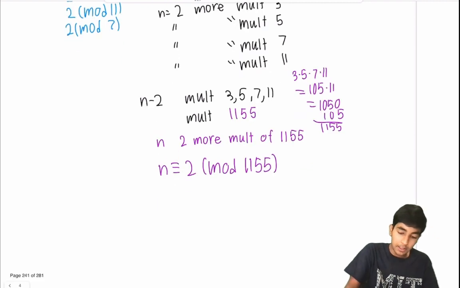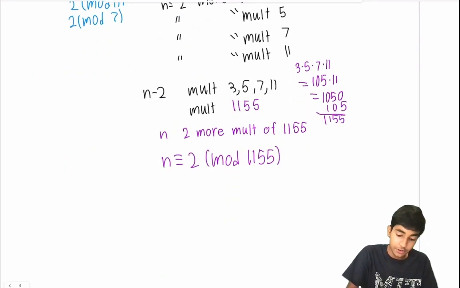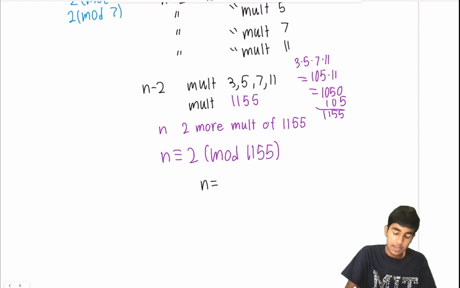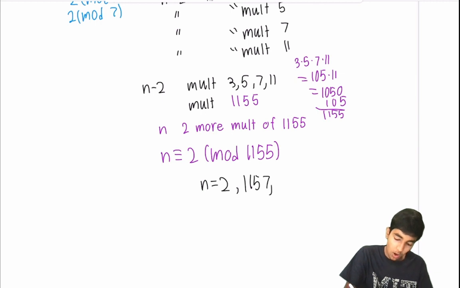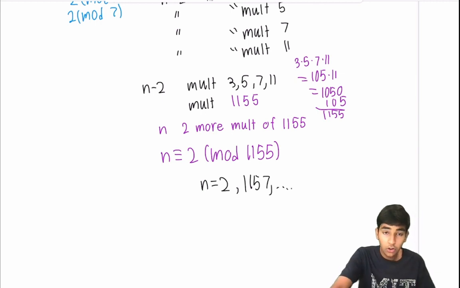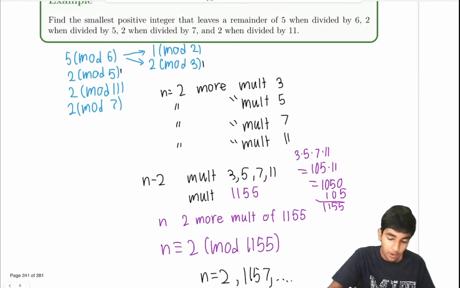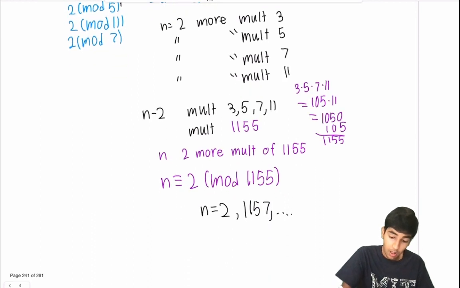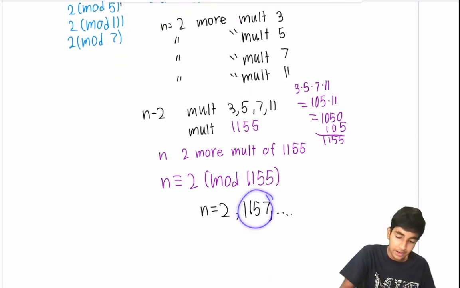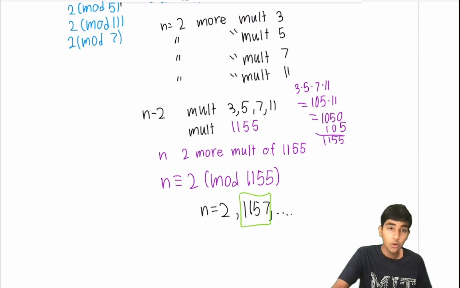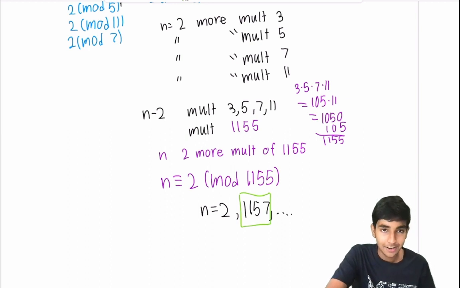So what are the possibilities? n is a positive integer. So n can be 2, n can be 1157, and so on. So notice here that n has to be 1 mod 2 or odd. So the smallest odd one is just 1157. So 1157 is going to be our answer to this problem.